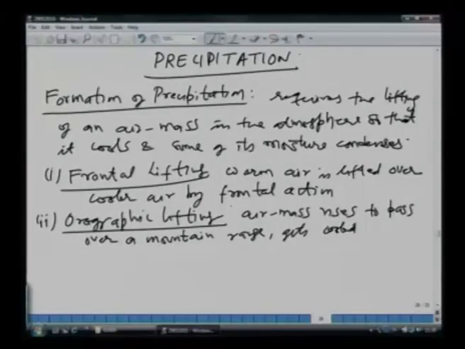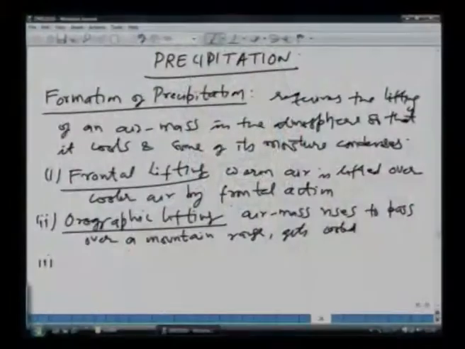As the moisture goes up, the temperature goes down, it cools, and because of the lower temperatures the condensation takes place. In the hilly areas we call that the orographic precipitation, and the mechanism responsible is the orographic lifting due to mountains or barriers.